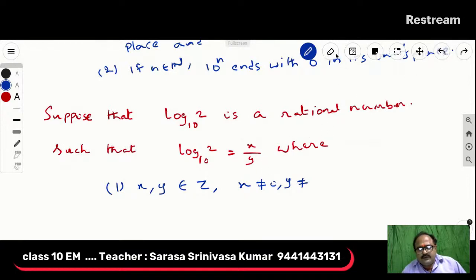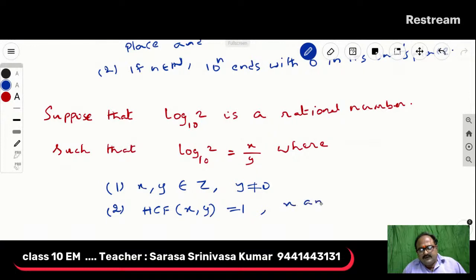We need not write x not equal to 0; just the definition of integer, y not equal to 0. And the second consideration is that the highest common factor of x and y equal to 1. That is, x and y are co-primes.